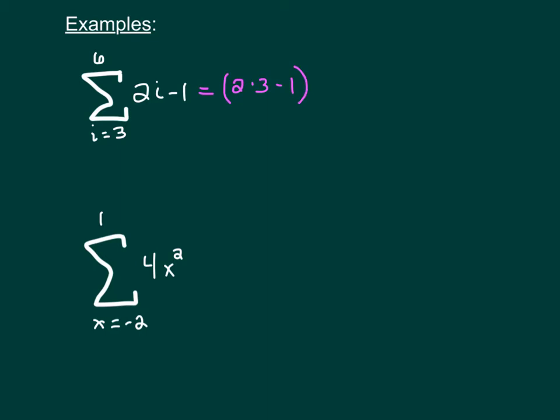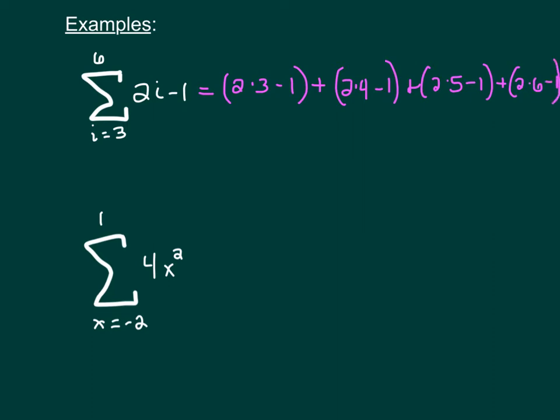Now we're going to add to that. The next number after 3 would be a 4, so instead of putting a 3 this time, we're going to put a 4. So we'll have 2 times 4 minus 1. And then the next one will be 2 times 5 minus 1. And the final one we're going to add to that is 2 times 6 minus 1.